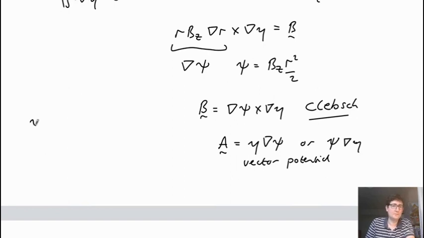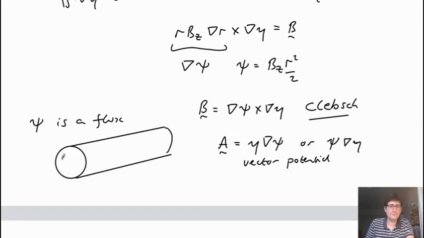So psi is a flux, which means it's a magnetic field times an area, and in particular it's the flux through, if we draw again the radius r, the flux psi is essentially this area times the magnetic field, and then per radian, so it's divided by 2 pi.